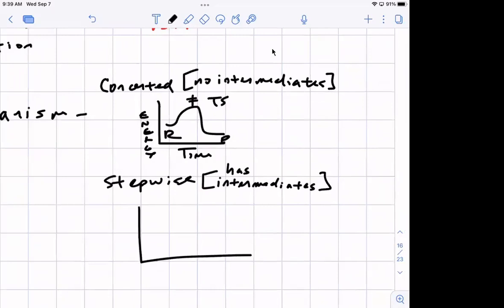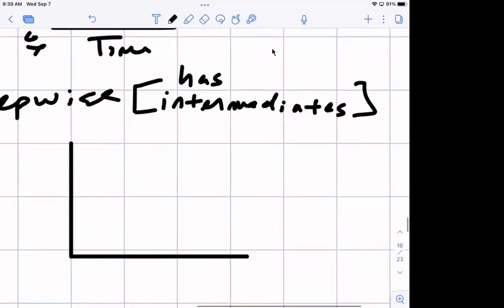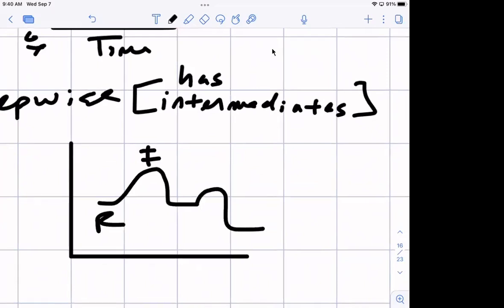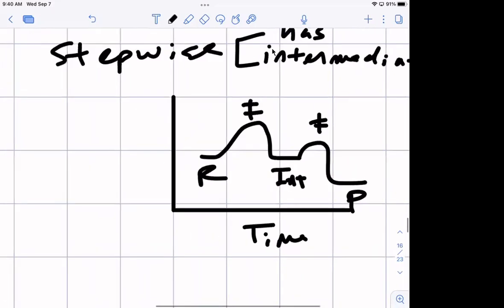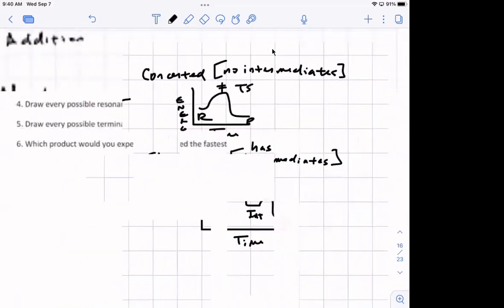For stepwise, it's the same axes, with reactants, transition state, intermediate, another transition state, and so on depending on how many steps there are.